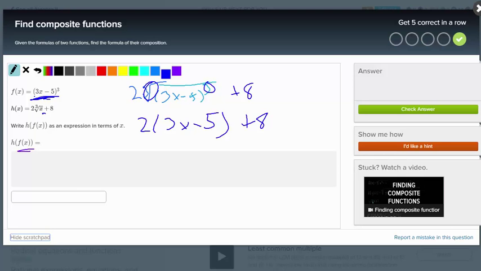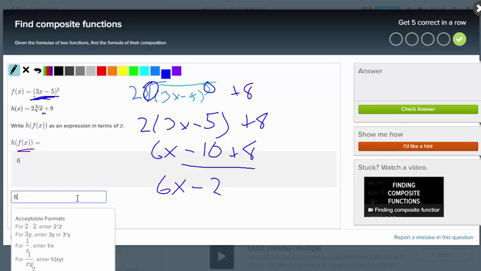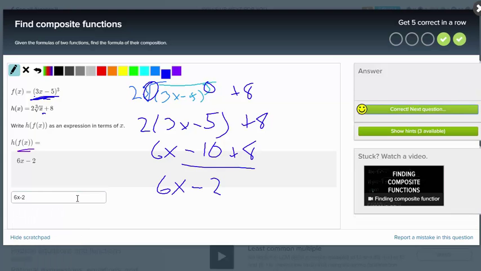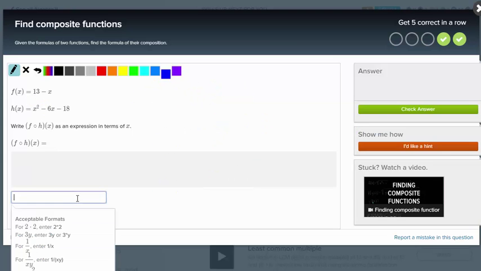I can't simplify it, so I need to multiply 2 through. 2 times 3x is 6x. 2 times negative 5 is minus 10 plus 8. Like terms, negative 10 and positive 8 give me 6x minus 2. So let's give that a shot, see what we get. Boom. 6x minus 2.